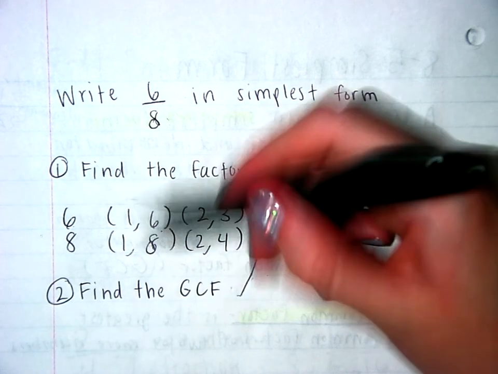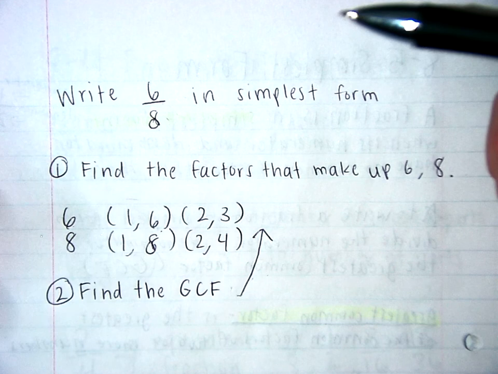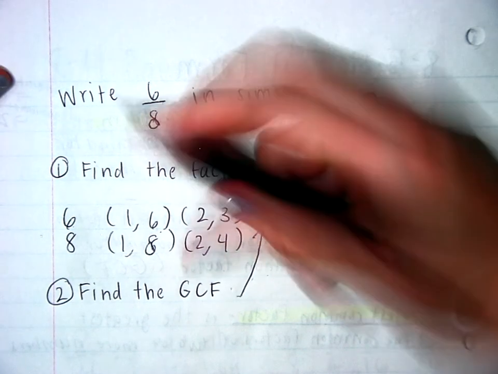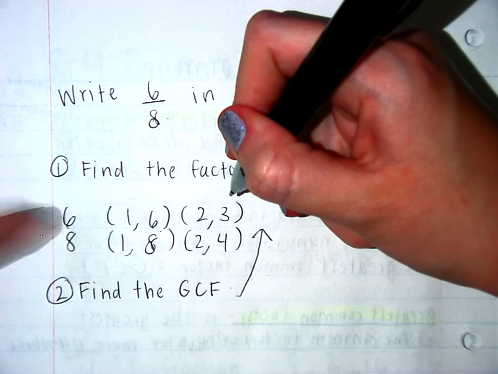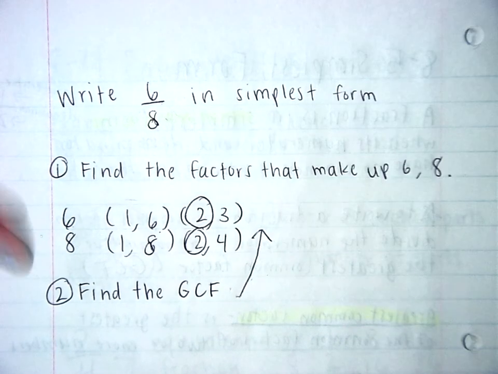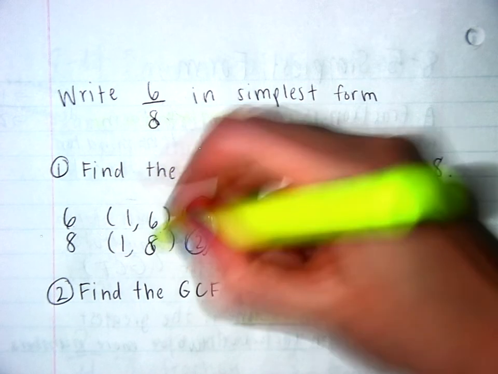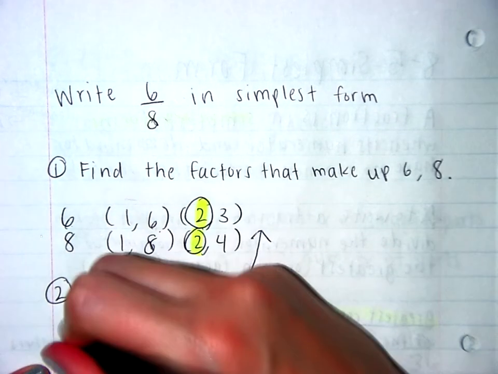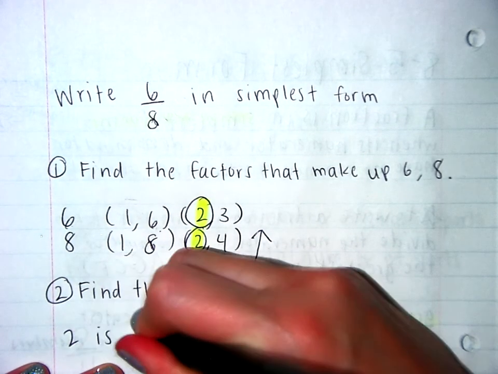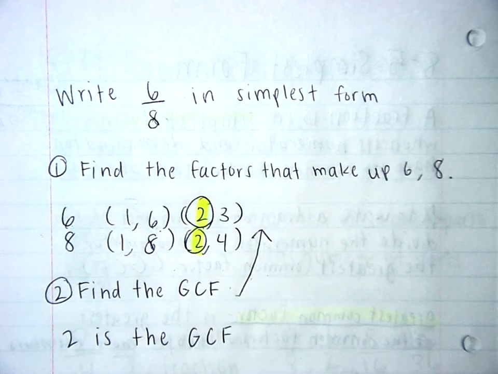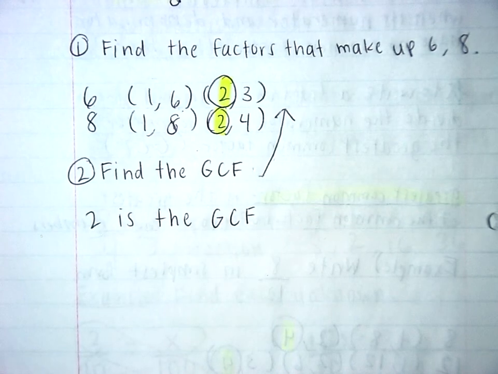So yes, they share 1 as a common factor, but it's not the greatest. 2 is the greatest common factor that 6 and 8 share. So go ahead and circle that. I'm also going to highlight it. So 2 is the greatest common factor. That's the second step, is finding the greatest common factor.